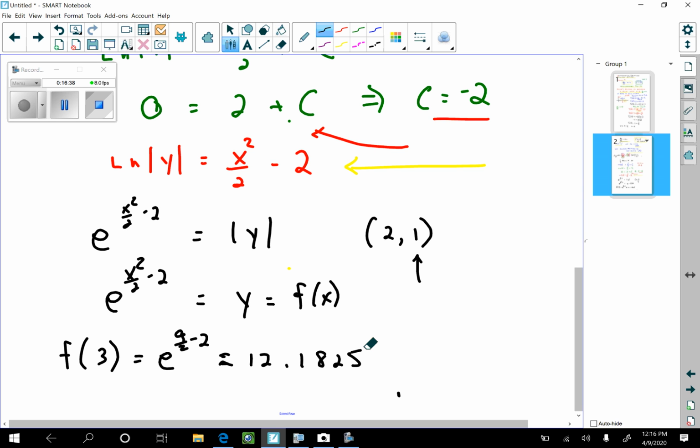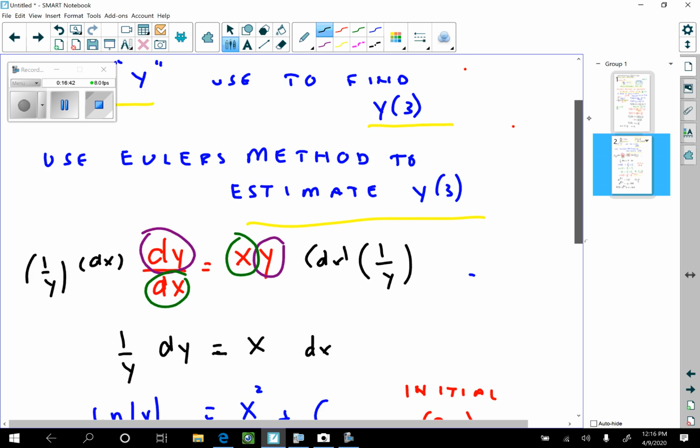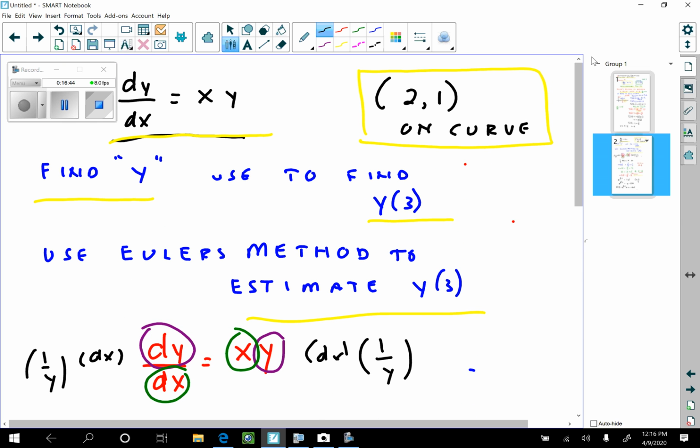What I'm going to do now is take that and use Euler's method on this particular differential equation, and I'm going to estimate y of 3 using Euler's method. So I'm going to come up with a new slide.